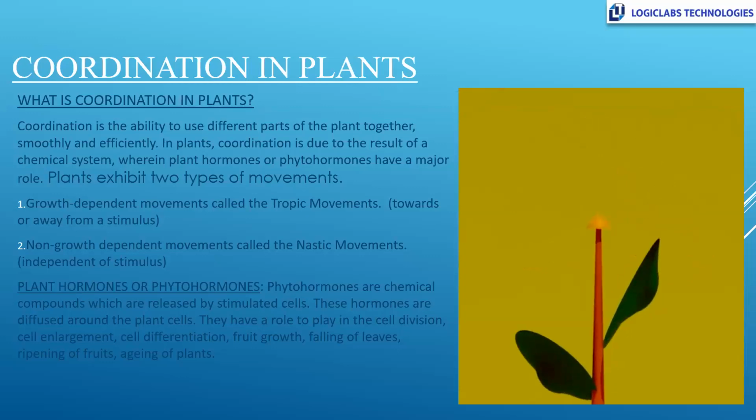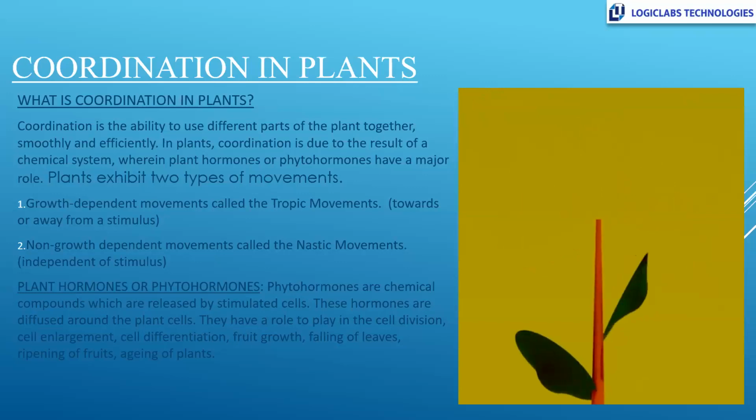Next, one more example which we can take is when a seed starts germinating. The first thing which grows down is the root. The root goes down, and then the shoot comes into the air, starts growing into the air.